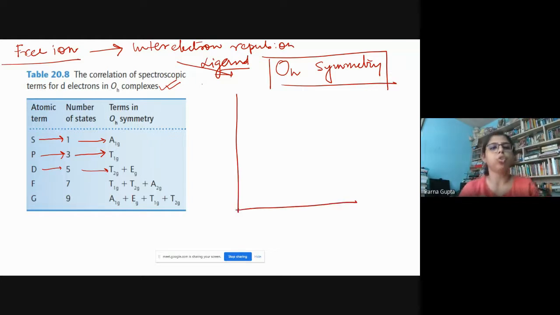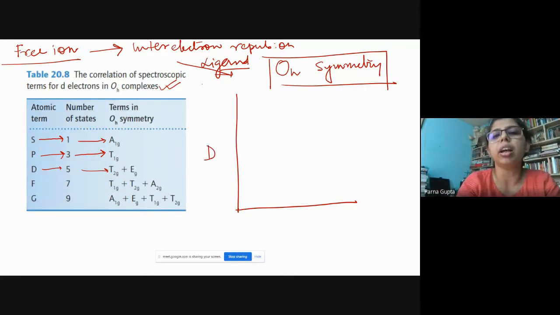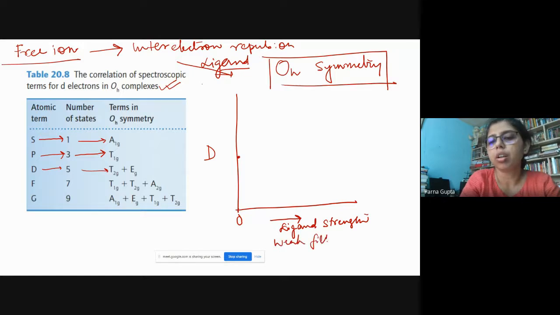So now if I draw a spectra, how does it look? Let's say we are taking a D term, and in absence of ligand this is 0, and this is the presence of ligand, if we go from weak field to strong field.